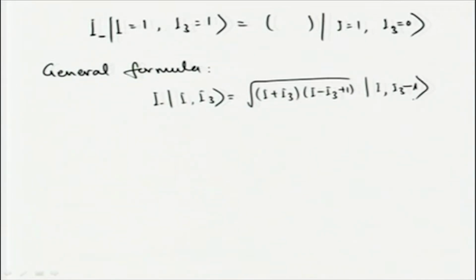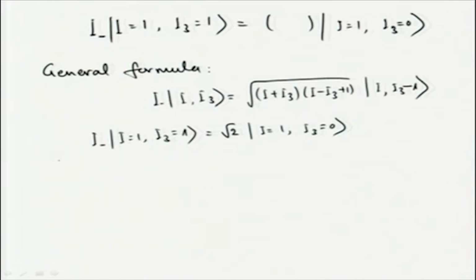Then we can apply this here in the case of I equal to 1, I3 equal to 1, and then we will see that I minus on I equal to 1, I3 equal to 1 is root of 1 plus 1 is equal to 2 into 1 minus 1 plus 1. So, that is root 2 into I equal to 1, I3 equal to 0.